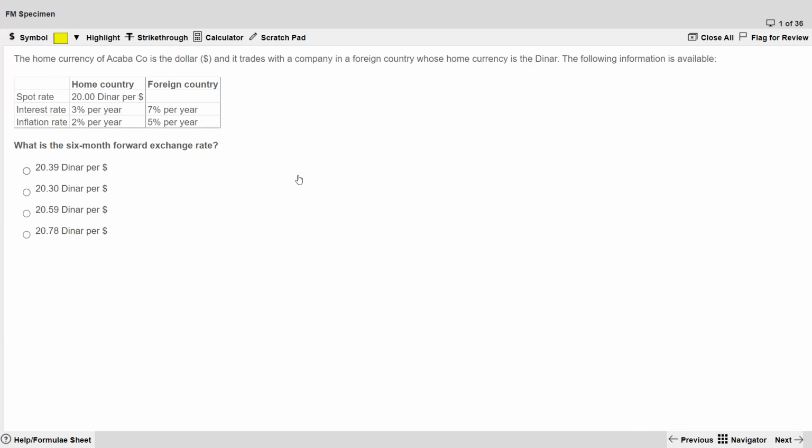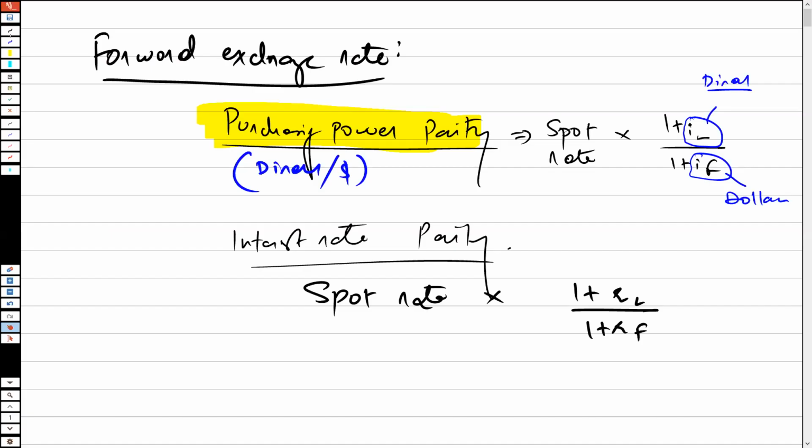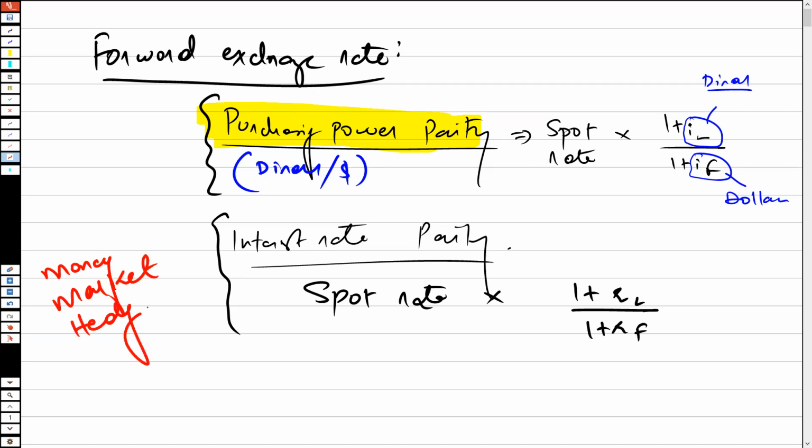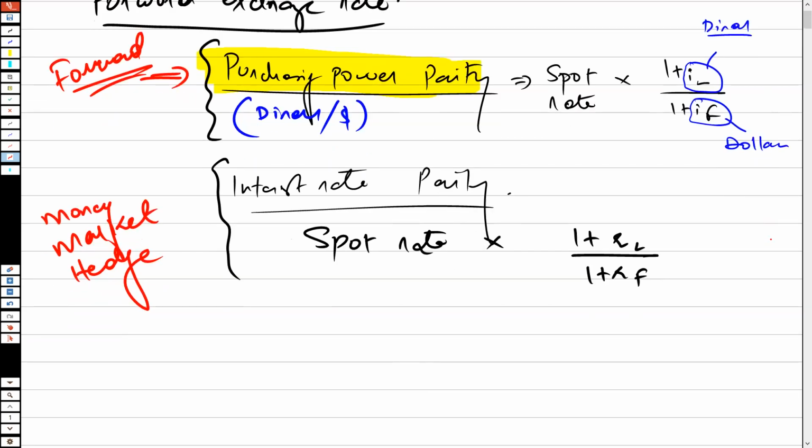The forward exchange rate could be calculated using both methods, but the interest rate parity is used when you have a money market hedge. For the forward exchange rate, you would use the purchasing power parity. I repeat, for the forward exchange rate, you would be using purchasing power parity.